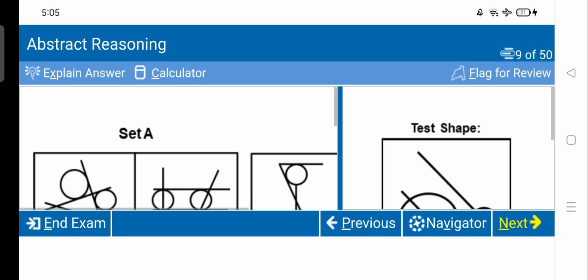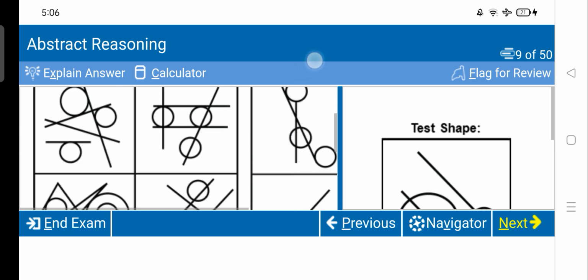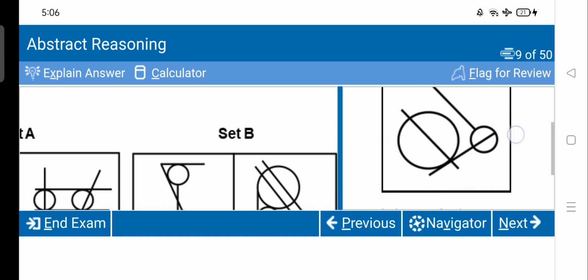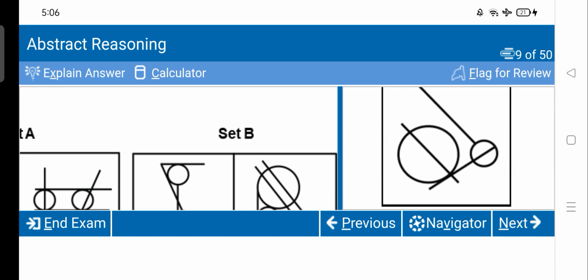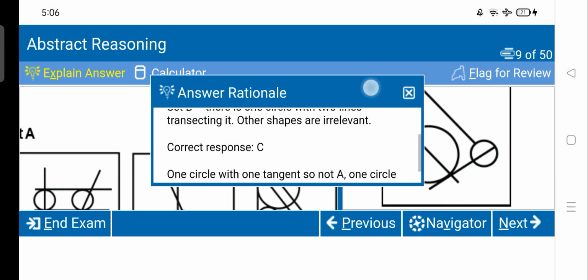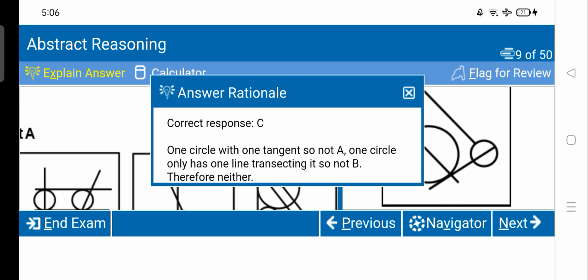Now we have the same set of shapes. As you can see here, the test shape that is given to us is in this form. So the rules are the same and option C is the correct option.